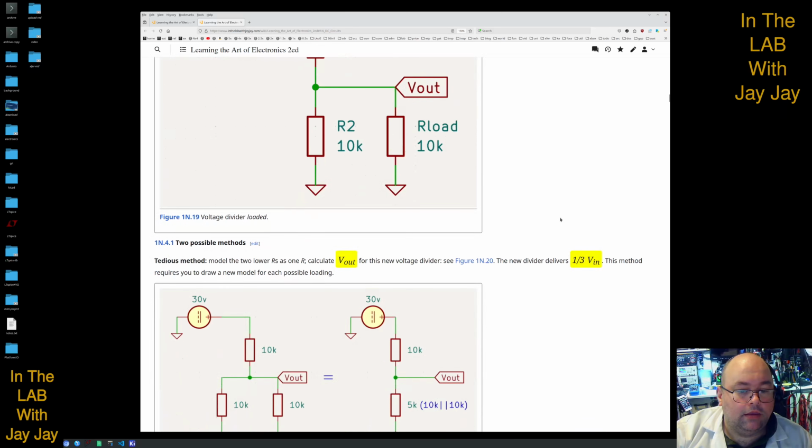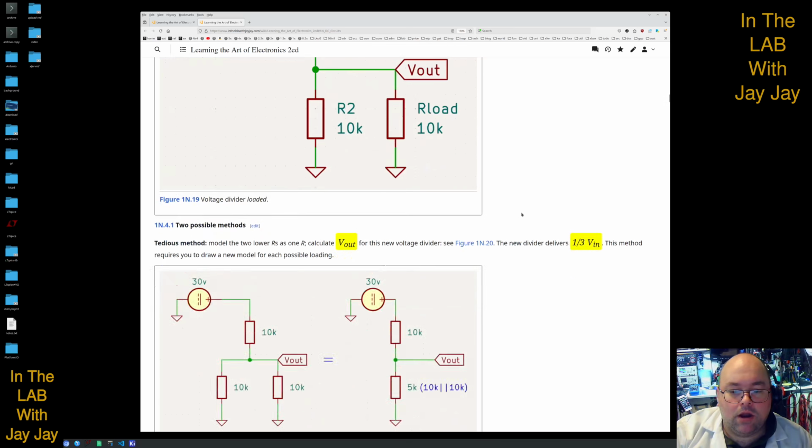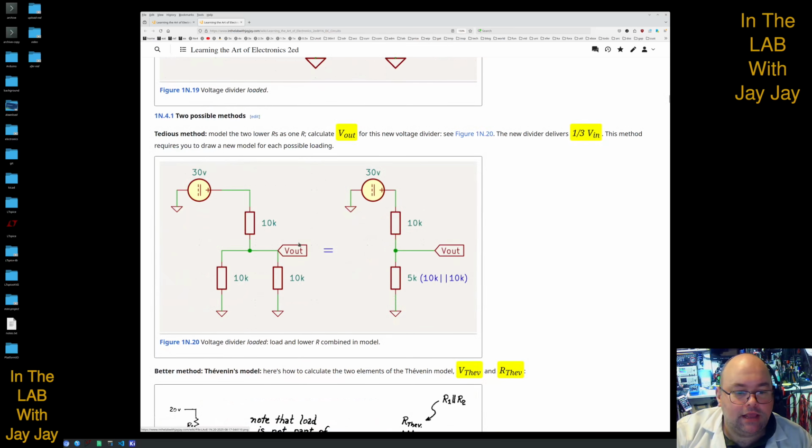calculating the V out. So you can model the two low resistances here as one, which becomes 5K because they're in parallel. Then you can calculate V out for this new voltage divider as seen in figure 1N20, which is here. So here's this re-expressed as a parallel resistance.